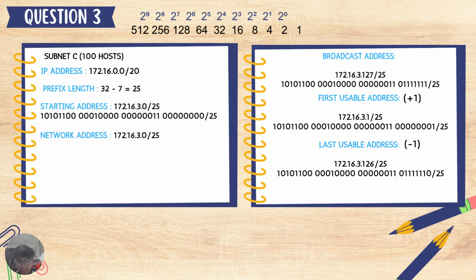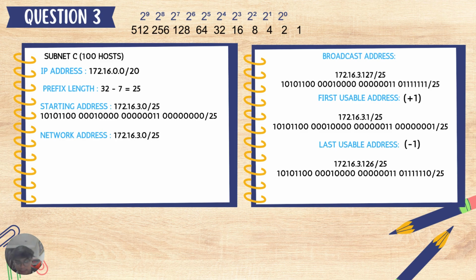Next is the broadcast address. We need to add 128, but we need to subtract 1 from the 128. For example, 128 minus 1 is 127, and we add the 127 to the address, and it becomes 172.16.3.127/25.